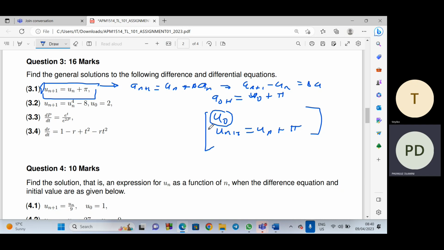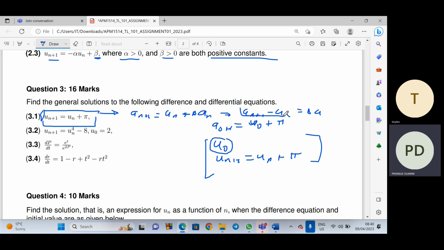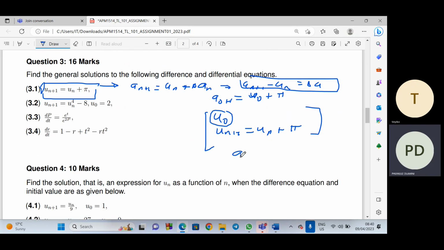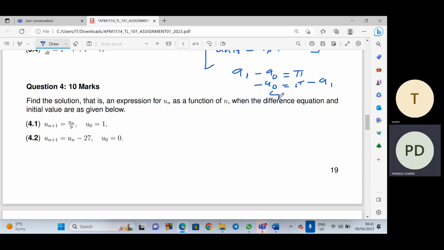Okay. So to find u_0, it can be easier. How can we find u_0? We can still use this equation here. If I put 0 here, I'm going to have u_1 minus u_0 equals pi. So when I get u_1 minus u_0 equals pi, then my u_0 is going to be equal to u_1 minus pi.